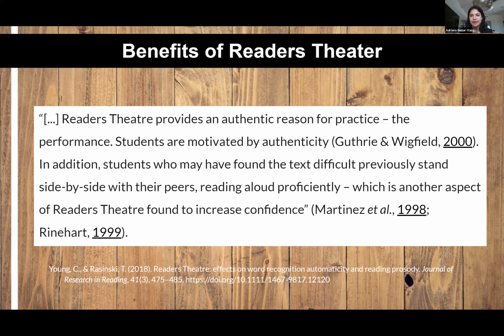They're bringing it to life by acting it out, by interpreting it, and by working with a group or partners in order to verbally deliver it. Part of what the research shows in terms of why it's effective is that it allows students to work with peers and with each other, really increasing their confidence in reading something once they practice it numerous times.